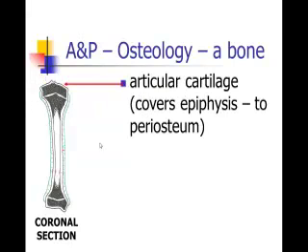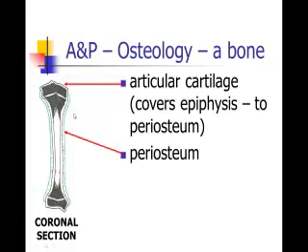Okay? At the long end of the bones, where they articulate with other bones, we'll have articular cartilage. And the articular cartilage is going to cover some significant amount of the epiphysis. And that cartilage is going to cover all the way down to pretty close to where the periosteum picks up the bone.